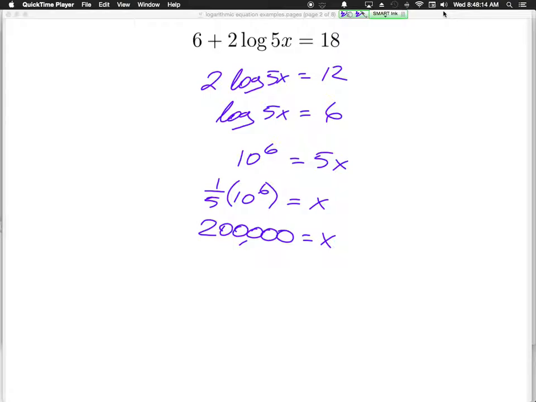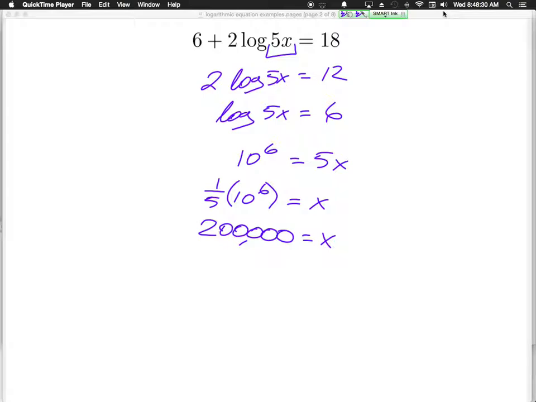Make sure if I plug that back in, it doesn't produce a negative inside the log, because I cannot have negatives inside. If I plug that back in, it gives me a positive, so I'm happy with that answer.